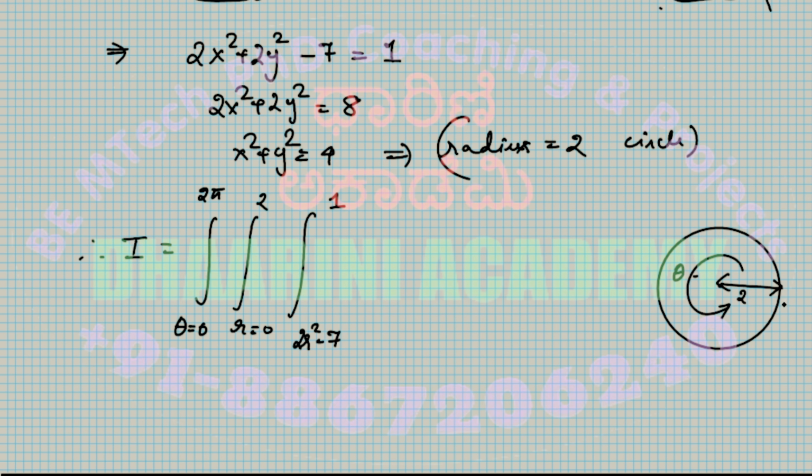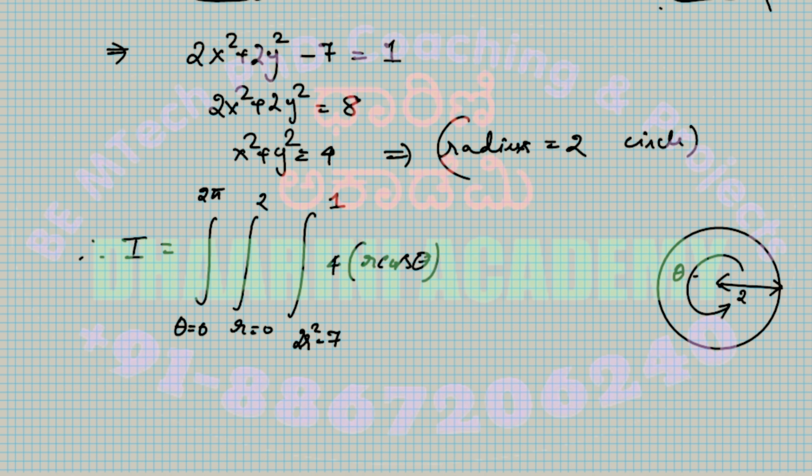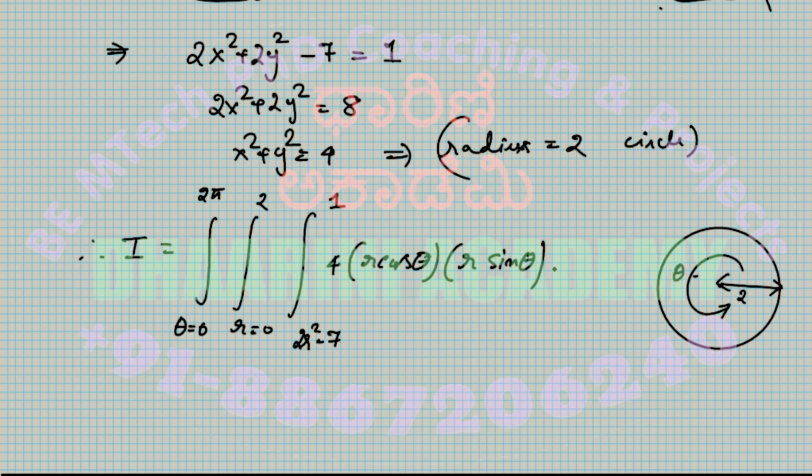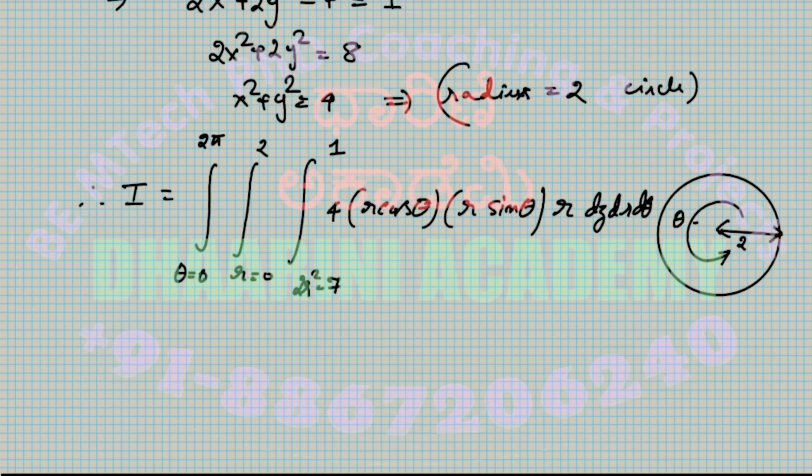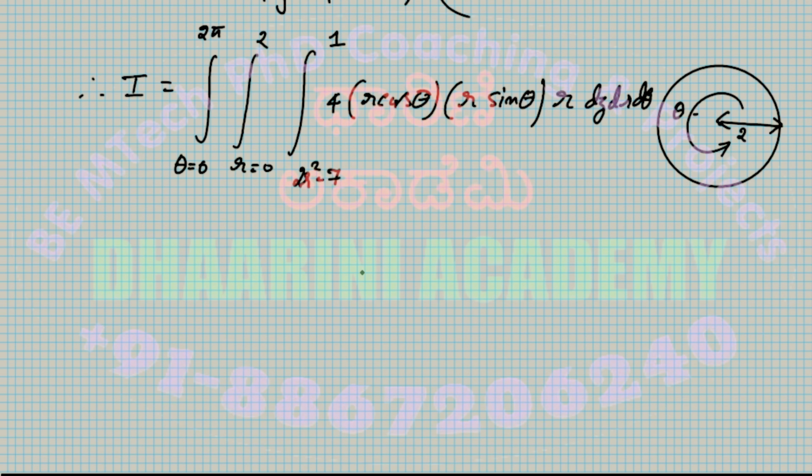Then x is equal to r cos theta, y is equal to r sin theta, and there is a Jacobian, that is r. Then dz dr d theta.